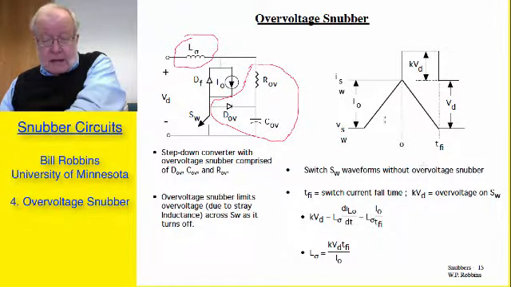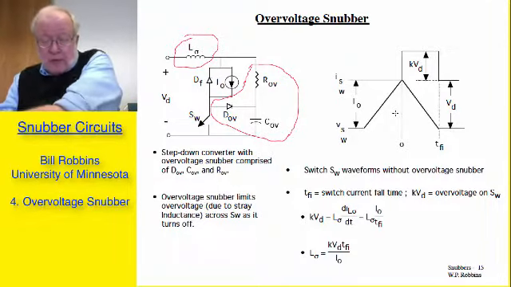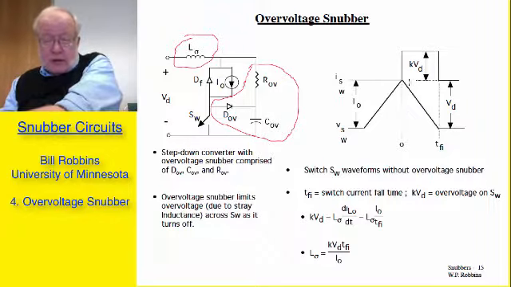Here are the waveforms that we observe across the switch: the voltage across the switch and the current through the switch as a function of time during turnoff. We assume the voltage rises linearly as a function of time.